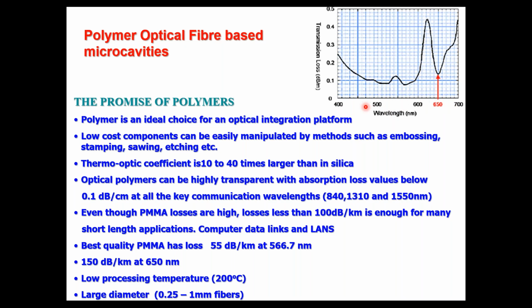But one figure you have to remember here is this one. This is the transmission loss versus wavelength diagram for PMMA. It offers a minimum loss around 650 nanometers.